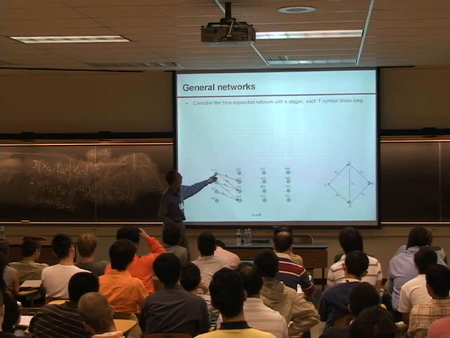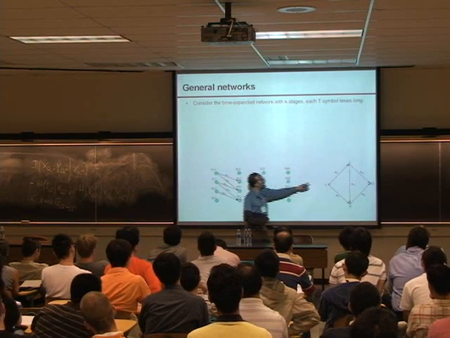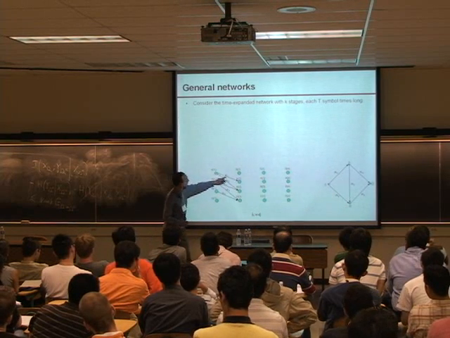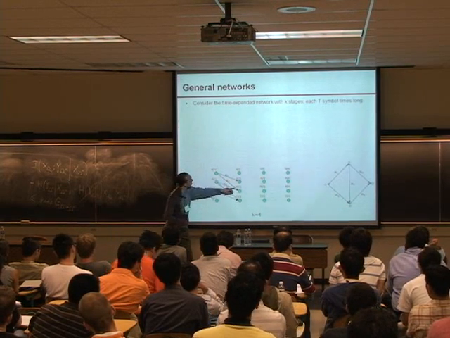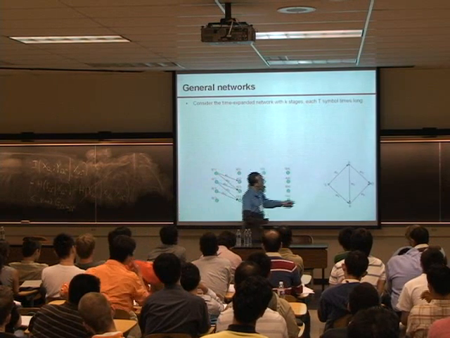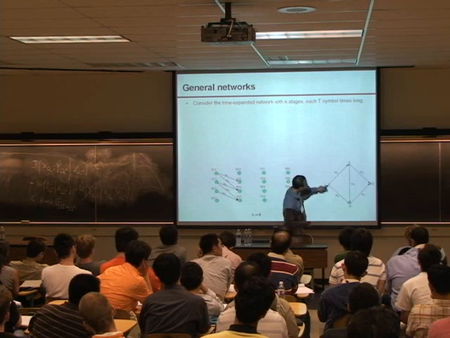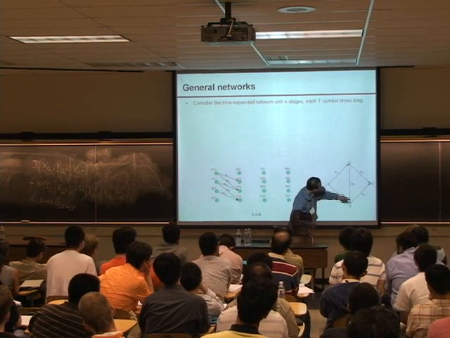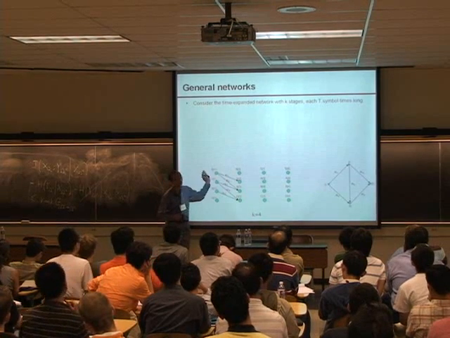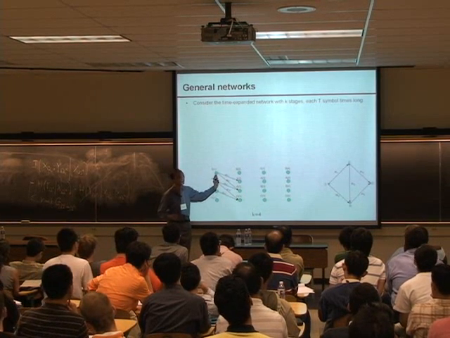So S1 goes to A2 through a link of capacity N1 bits. So this is the link. S1 goes to B2 interfering with A1 through a link N2, N3 bits. S1 goes to B1, A goes to B1, N2, N3 bits. So in other words, I'm reproducing the whole graph here.